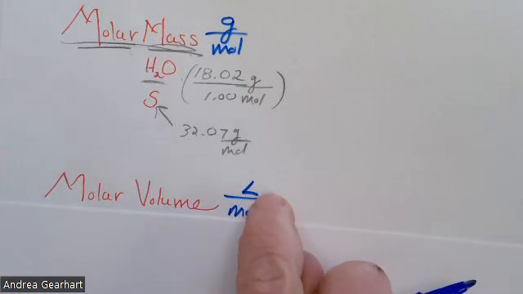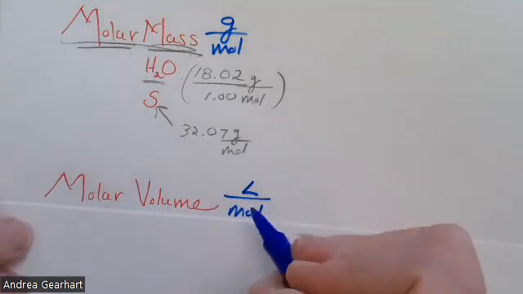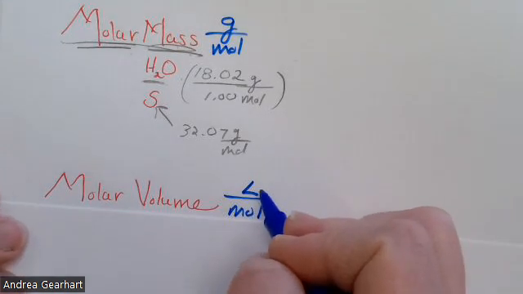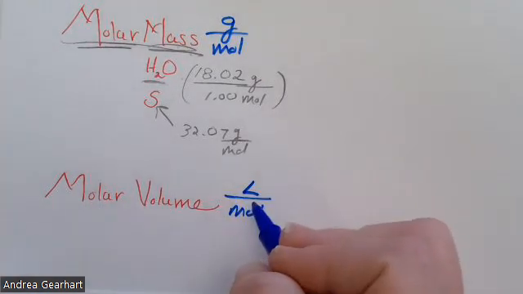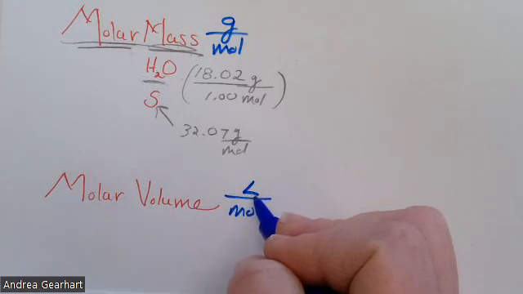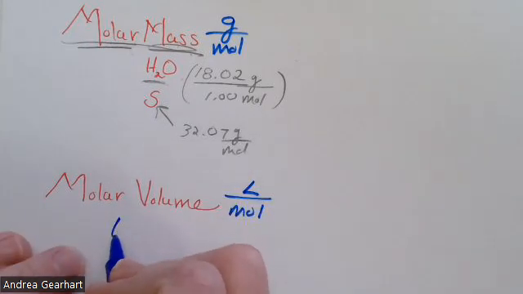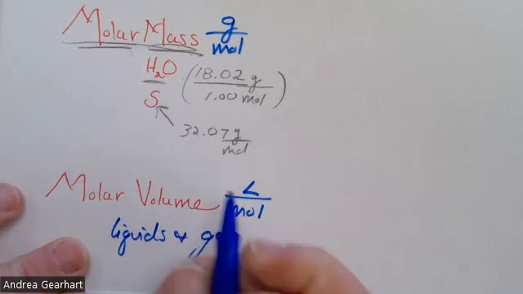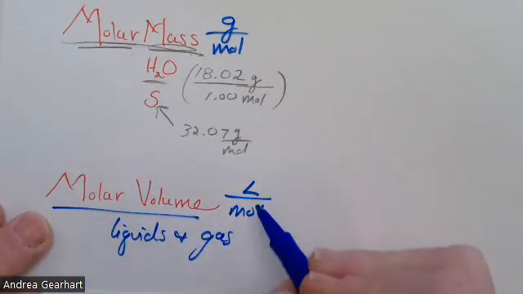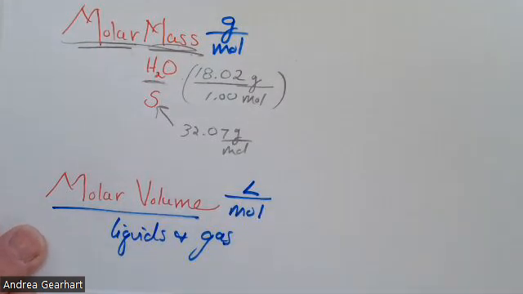Now, this could be any unit of volume, but practically for this chapter it will most often be liter per mole. So what kind of things do we measure in liters? Well, usually fluids, so liquids and gases. So molar volume would be the volume of 1 mole of a substance.